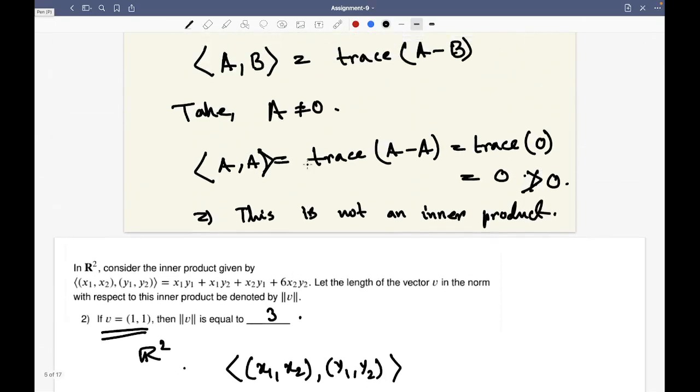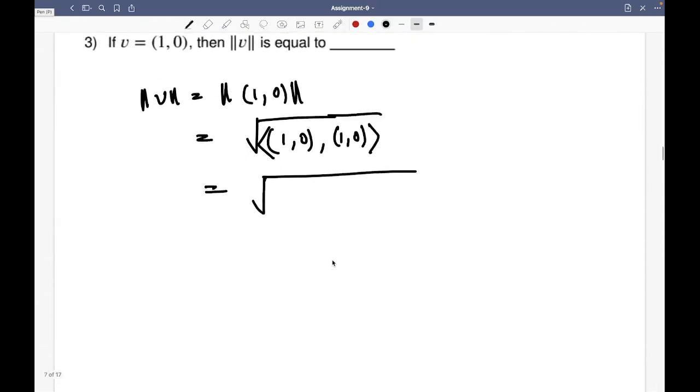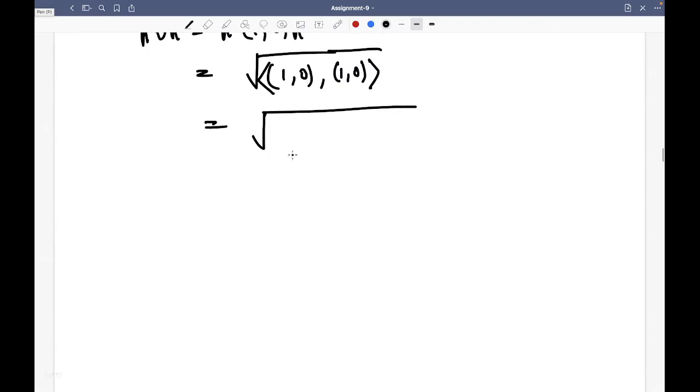What is the definition? x1 y1 plus x1 y2 plus x2 y1 plus x2 y2. So it will be 1 dot 1 plus 1 dot 0 plus 0 dot 1 plus 0 dot 0. So then what will be this?